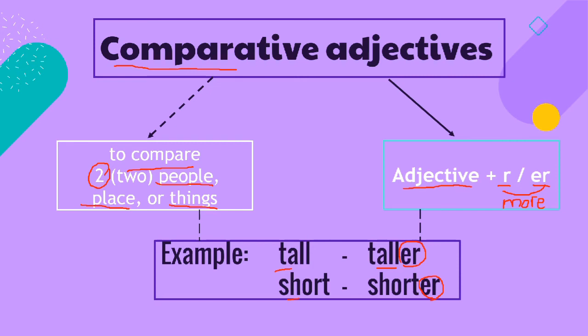Tinggi, lebih tinggi. Pendek, lebih pendek. Easy, right? Tall, taller. Short, shorter. Remember, R and ER here means more. Lebih, not lebay. Okay, next move to the next explanation.